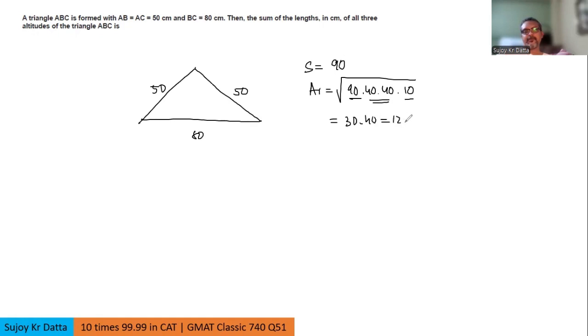So area is 1200. So 1200 is half times base times height. So that would be 2400 by 80. So first height is 30. Then the same logic, your next height would be 2400 divided by 50. So that would be 48. And the other one will also be 48. So we'll just add them up. 96 plus 30, 126. That will be the answer to that. So that's your 17th question.